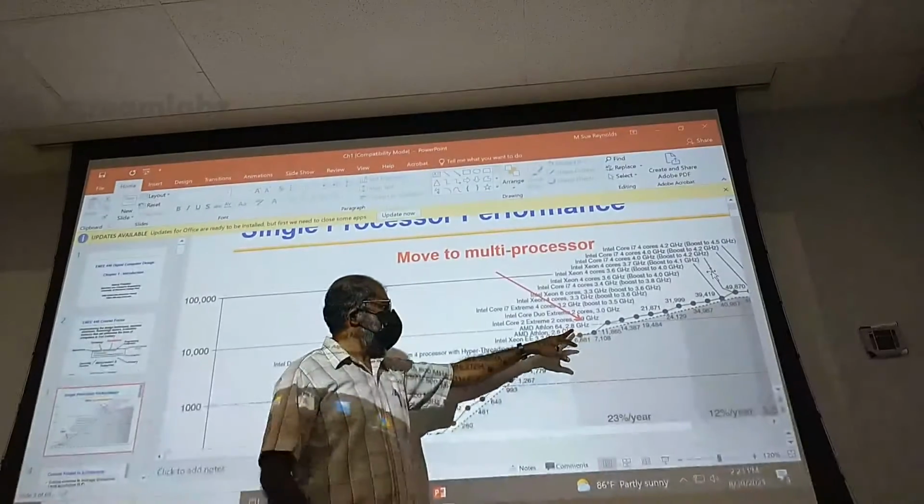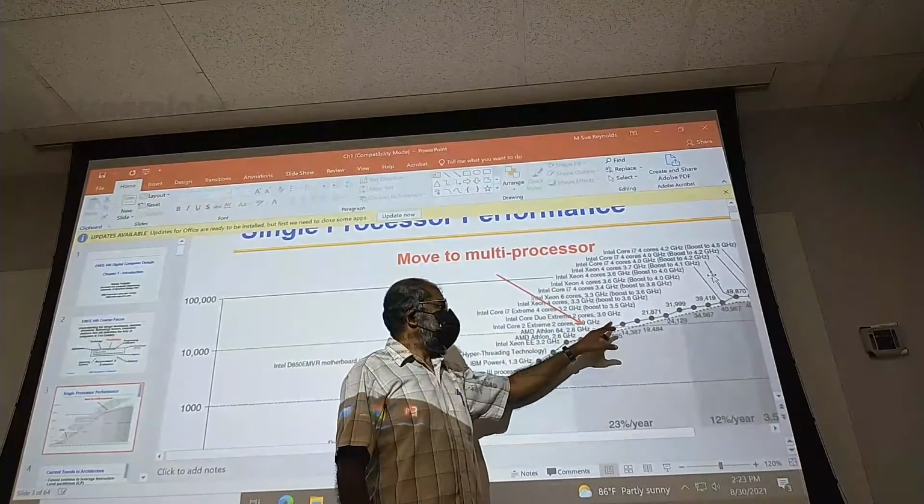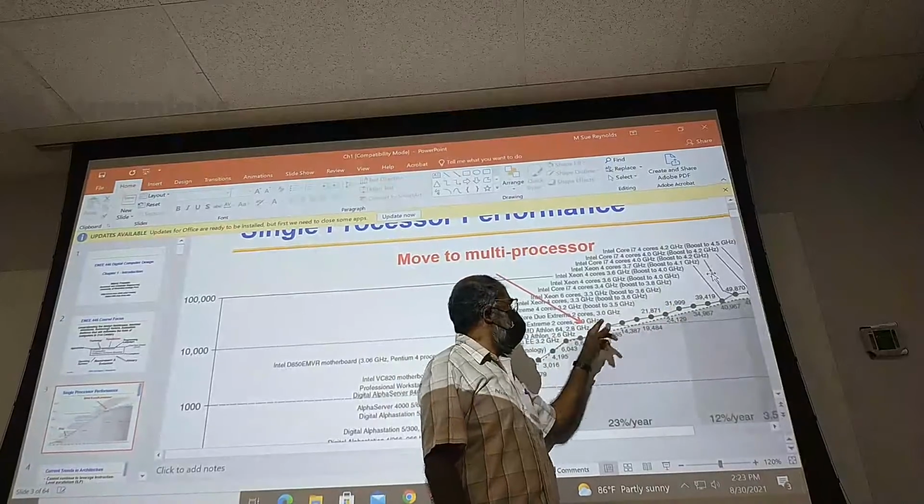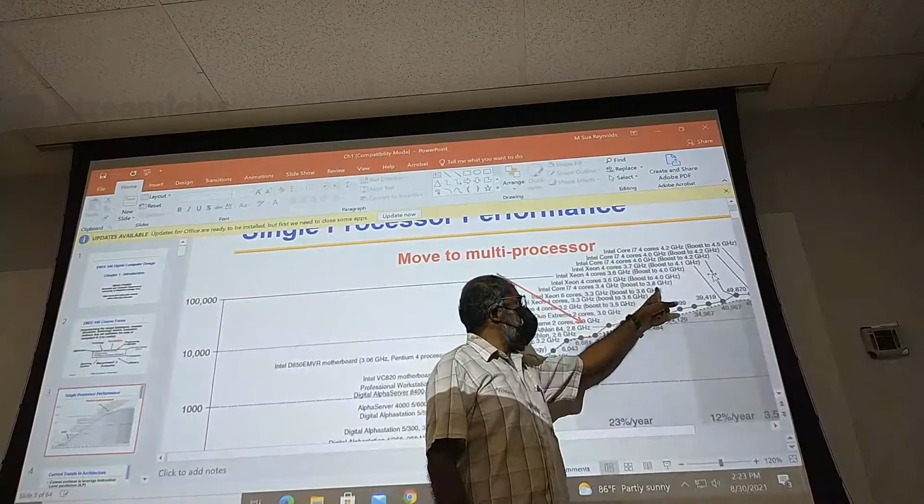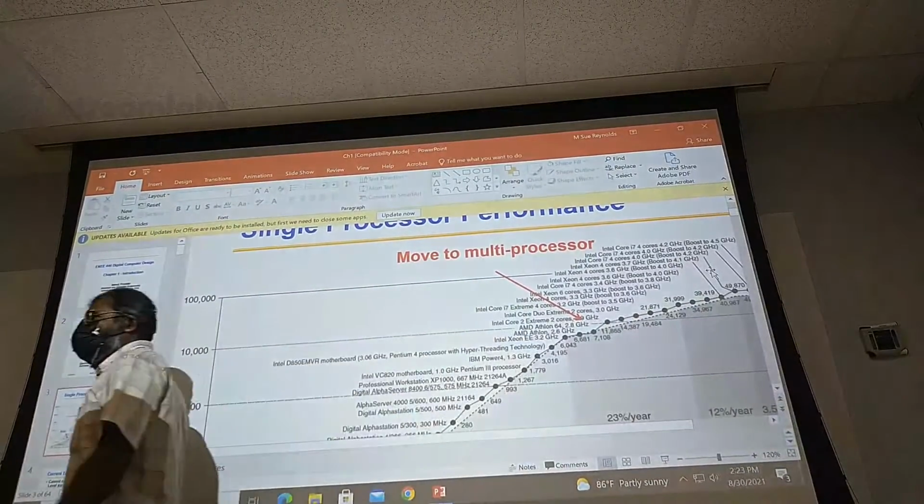He made a prediction at that time, and it has actually been keeping up with that, except that single processor or single core performance was tapering off. But with multi-core, it's again going like that.